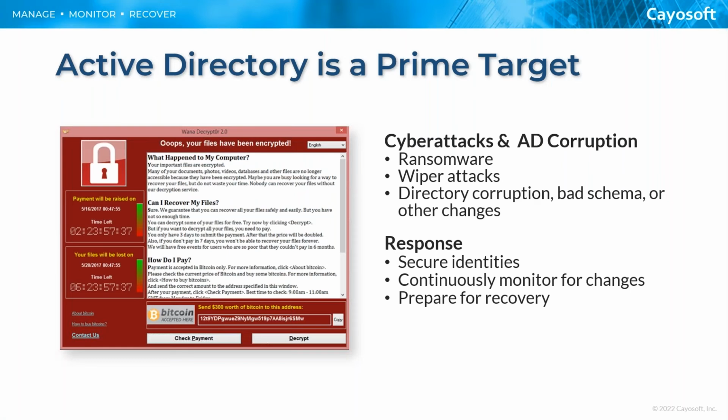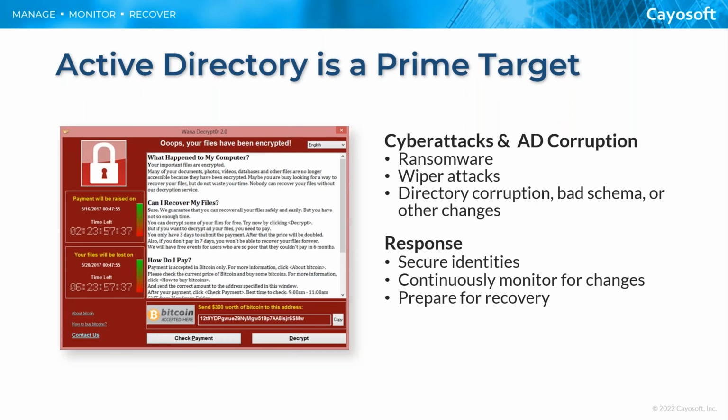Again, on-premise Active Directory has become a prime target. It was never really meant to be exposed to the cloud, and now there's all sorts of things with people working at home, and synchronizing and doing all sorts of crazy stuff to get that data up into the cloud. There are definitely places that need to be better secured within the product itself, but you may be in the unlucky few who get hit with a cyber attack that exploits a zero-day weakness that maybe we don't even know yet.